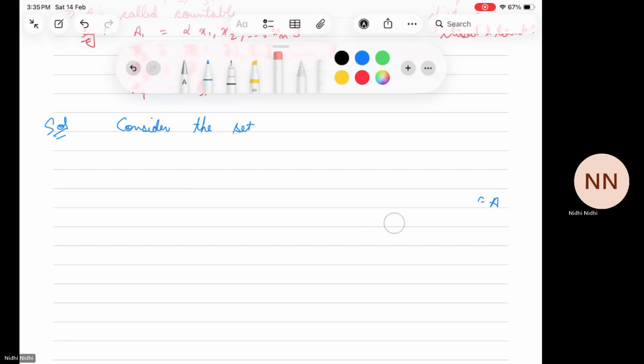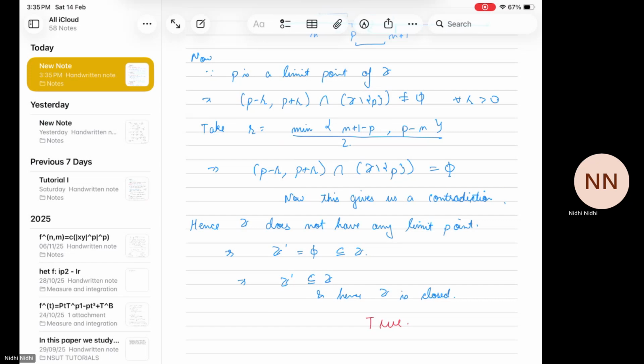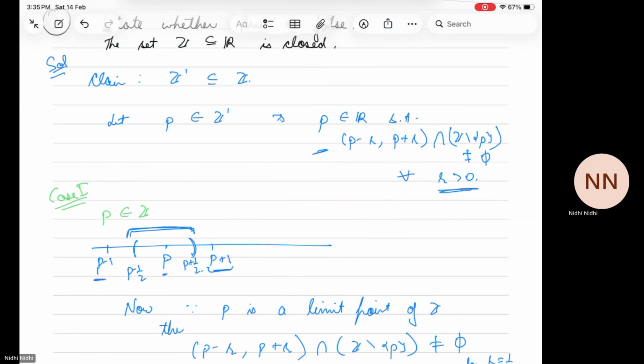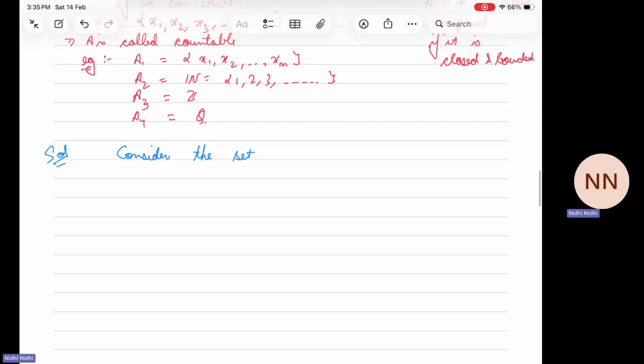Consider the set A to be 0, 1, 1 by 2, 1 by 3, and so on.